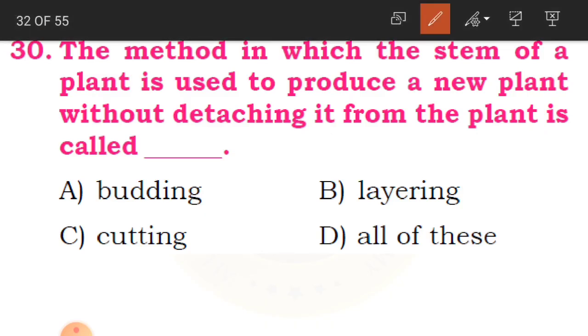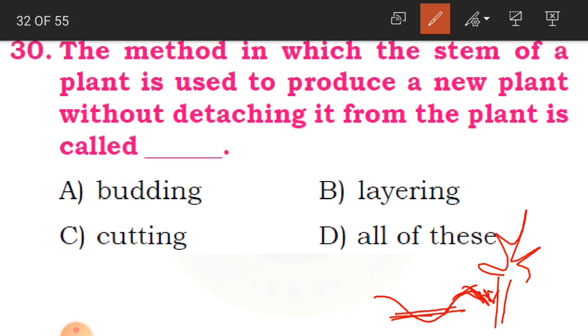If you observe here in the picture, this is the mother plant, and sometimes we take a branch stem and dig it inside the soil by bending it. By this, a new plant is going to grow from here.